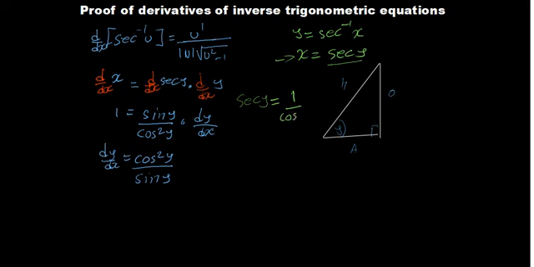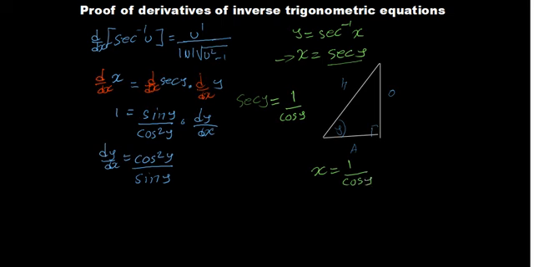So where we have x equal to sec y, we're going to replace sec y with 1 over cos y.